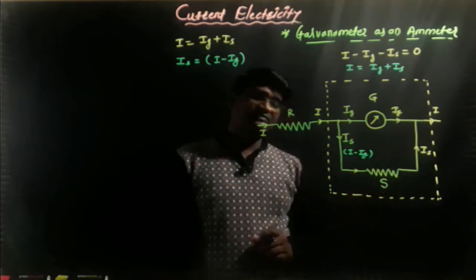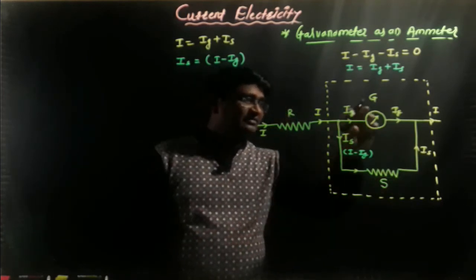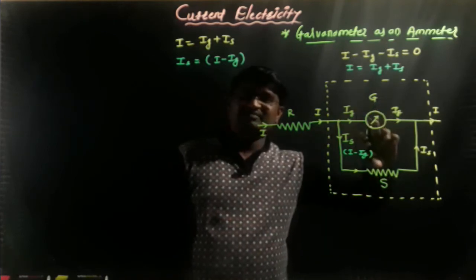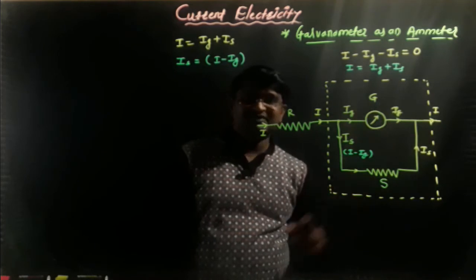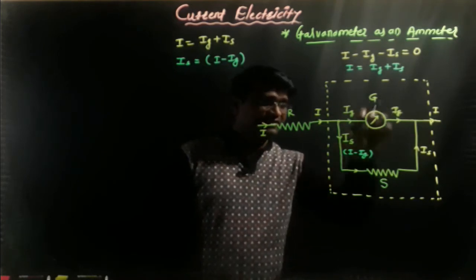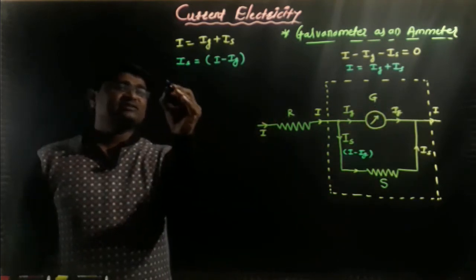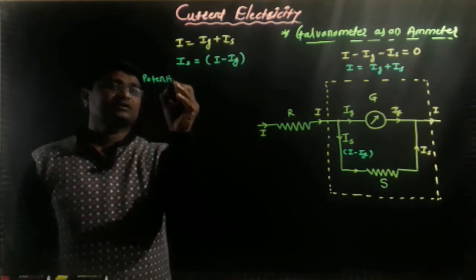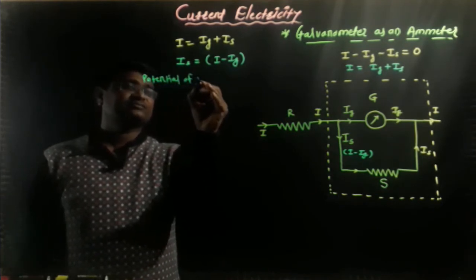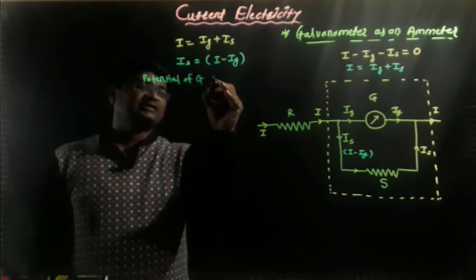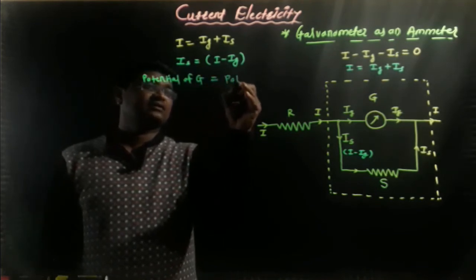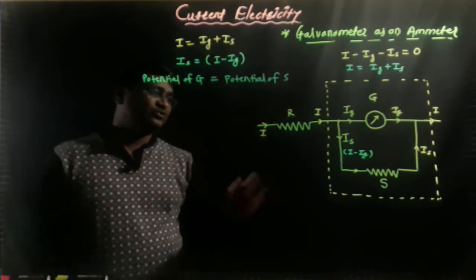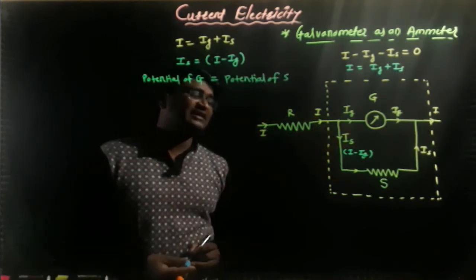To find the value of S, remember that the galvanometer and the shunt resistance are both connected in parallel. It means that their potential difference is exactly similar. So the potential of G is exactly equal to the potential of S, because they are connected in parallel.